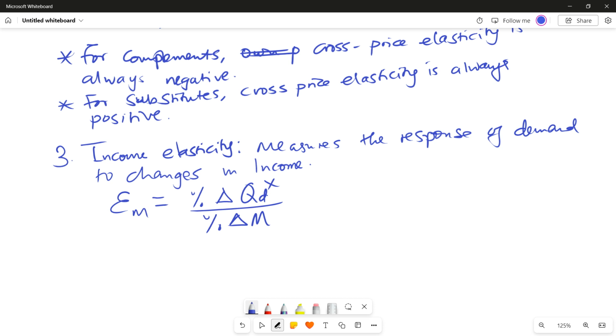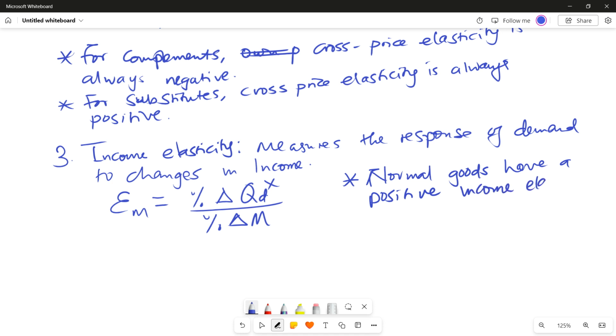A few things to take note of under income elasticity. One is that normal goods have a positive income elasticity, and this value lies between 0 and 1.